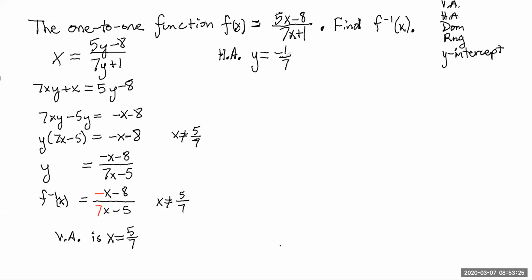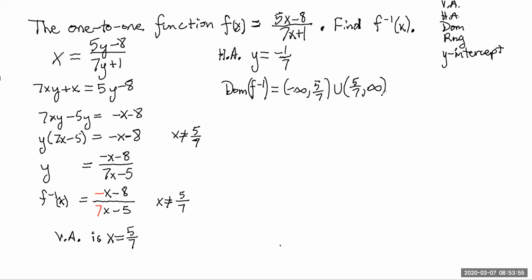With the vertical asymptote, this helps us state the domain. The domain of the inverse function is from negative infinity up to 5/7, union 5/7 up to infinity.